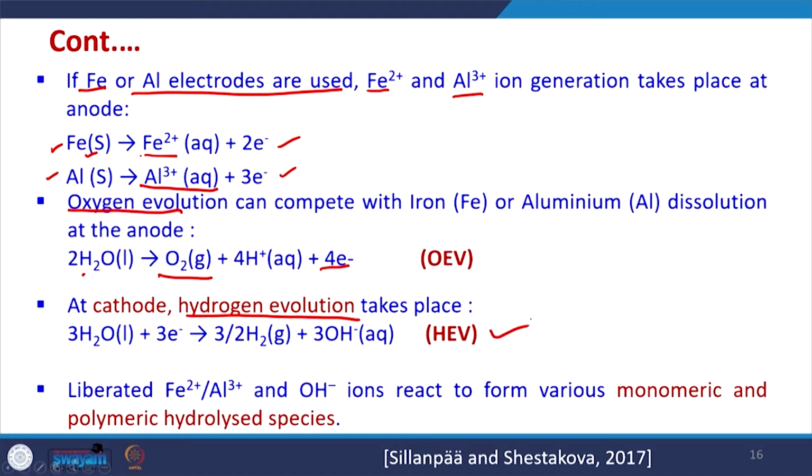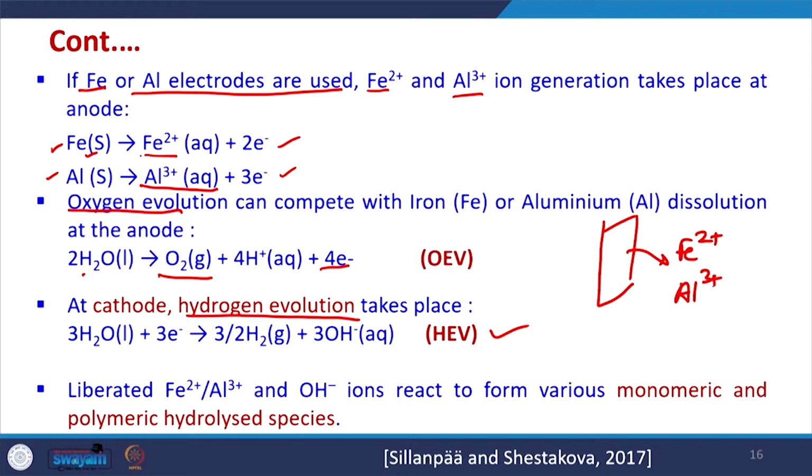Now, what will happen is that these Fe2 plus and Al3 plus ions are getting released out of the anode. Suppose this is the anode, and from here, depending upon the iron or aluminum, they will come out.